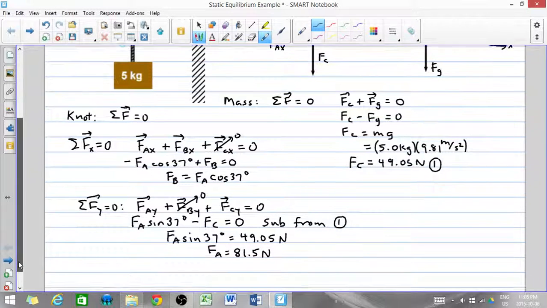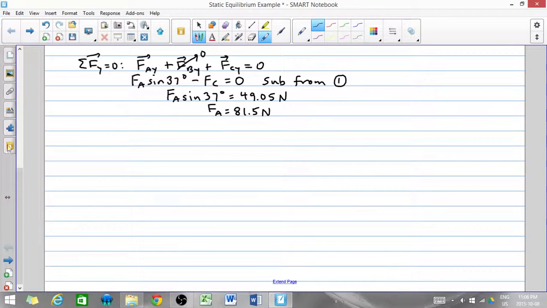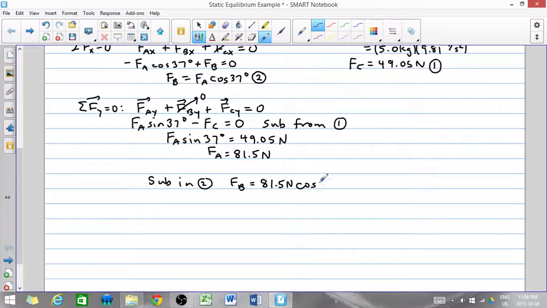All right. We're moving here because we can go back to this line, which we'll call line 2. And we'll substitute that result for FA in our statement from line 2. So then FB is equal to 81.5 newtons times cos 37 degrees.